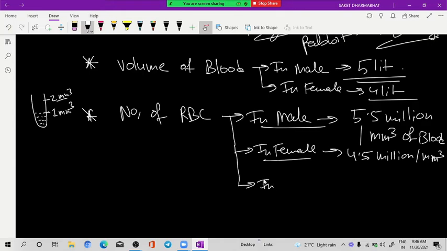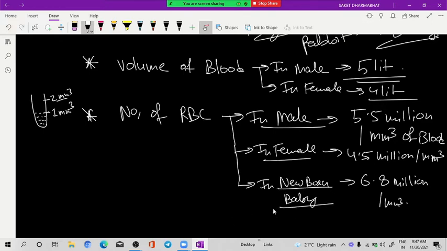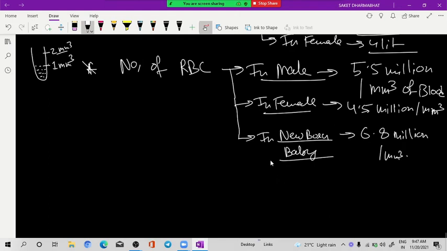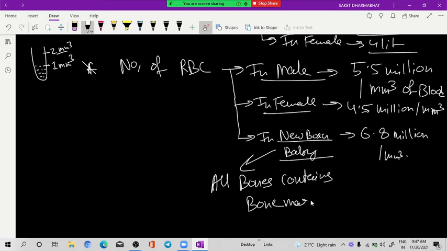Now, one question arises: why does the newborn baby have so many? A newborn baby has 6.5 to 7 million per millimeter cube of blood. The reason is that in a newborn baby, all the bones contain bone marrow, so more RBC production is going on.